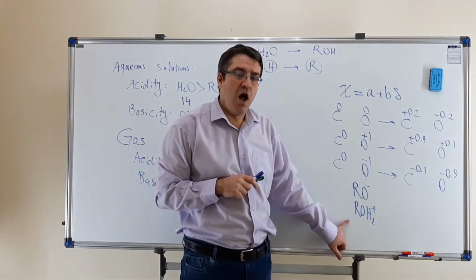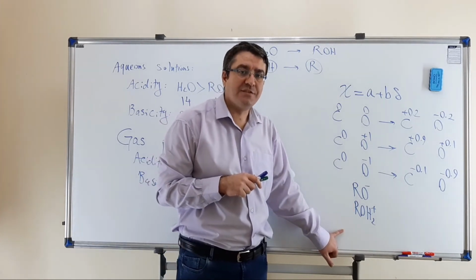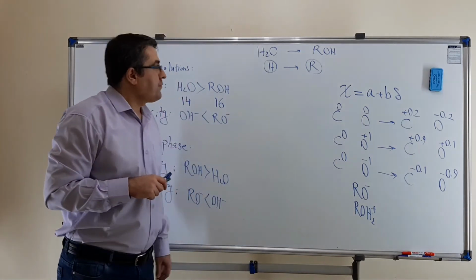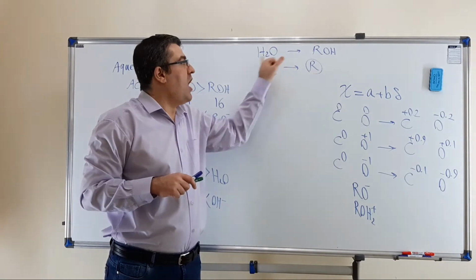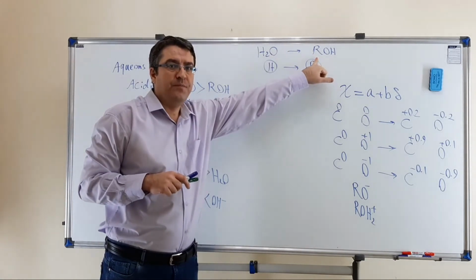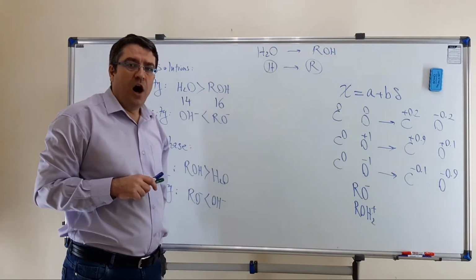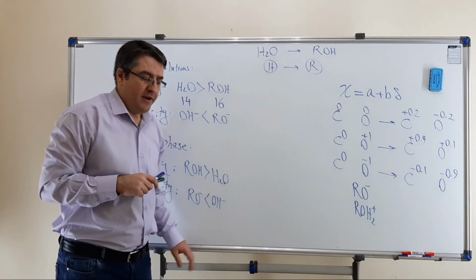So in this way also, alkyl groups stabilize ionic species. As a result, substitution of hydrogen by alkyl groups from water to alcohols results in stabilization of the ionic species involved here.